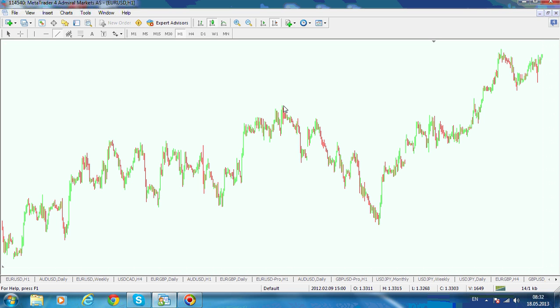And what you should do always is try to connect your potential top with the previous lower high in this case. So the trend line should look like this.